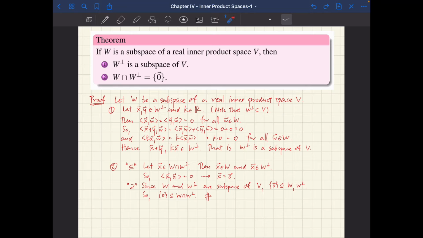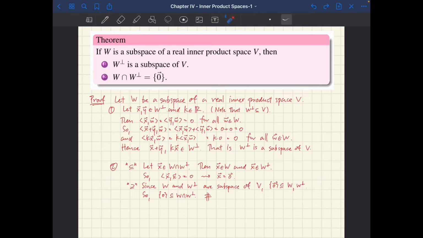It means that if we find the inner product of x with any vector in W, it is equal to 0.